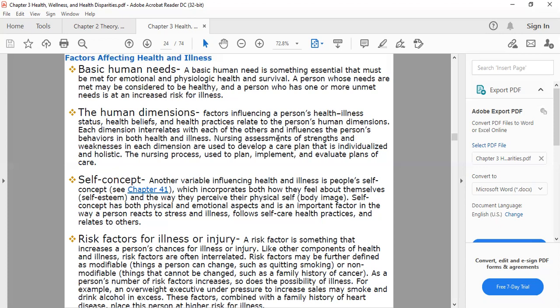Risk factors for illness or injury. That can increase the person's chance for illness or injury. So we have to take risk factors into consideration. Sometimes risk factors are modifiable, like smoking, and sometimes they're non-modifiable, like a family history of something. All right, so we're gonna modify the risk factors that we can when we can, and when our patient allows us to help them relate to that disease process better.